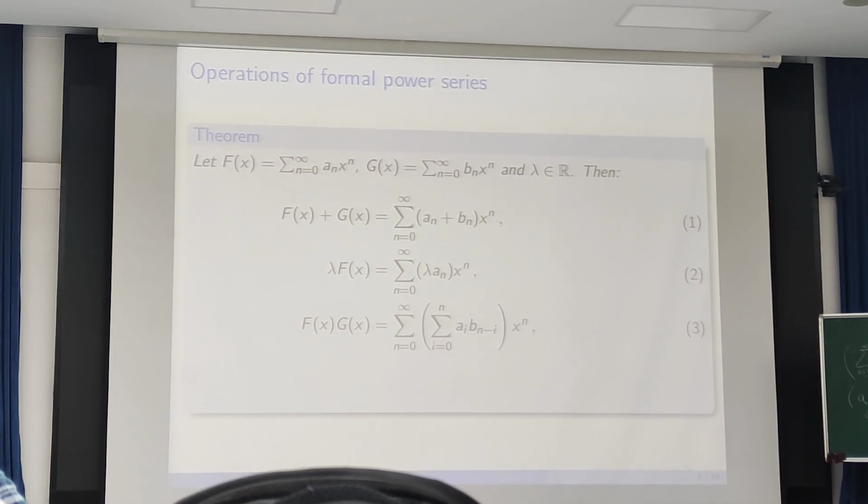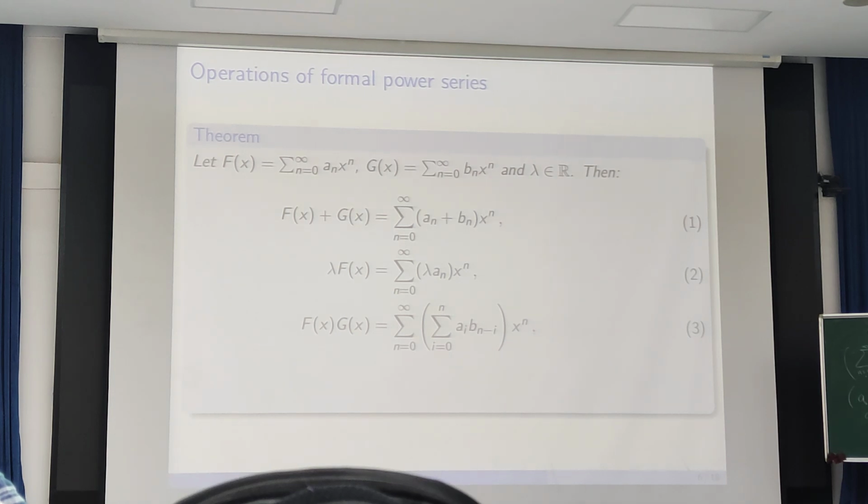Okay, so for the second it's the same, but for convenience we will align the terms by the degree of x. So we will write a1 b0 x plus a1 b1 x squared plus a1 b2 x cubed, and so on.